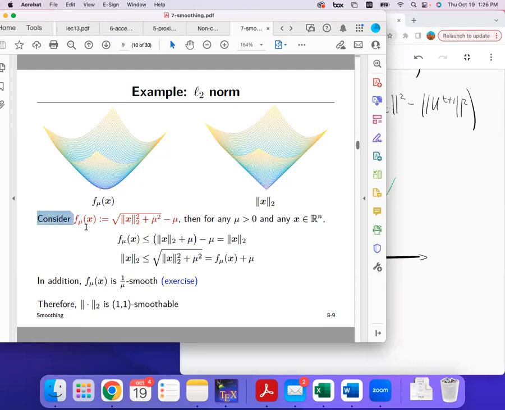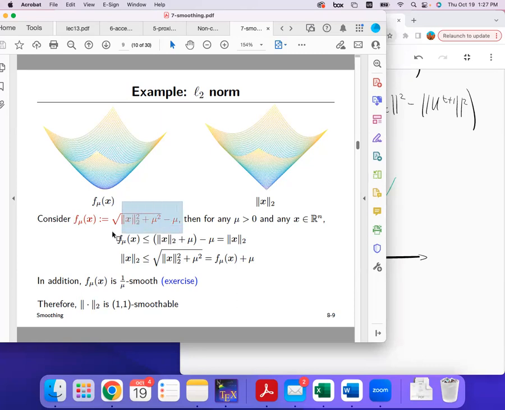And we consider such a function f mu of x. It is defined as the square root of the L2 norm of x to the power of 2 plus mu squared, and then outside the square root we have minus mu.